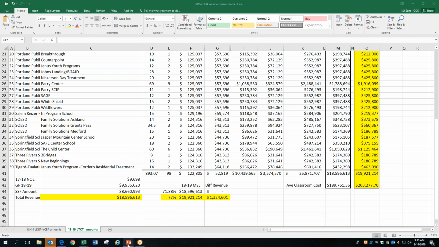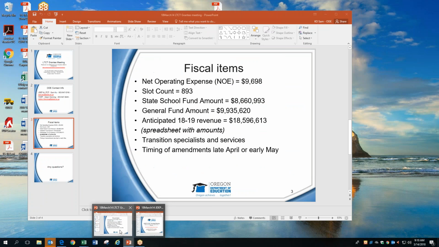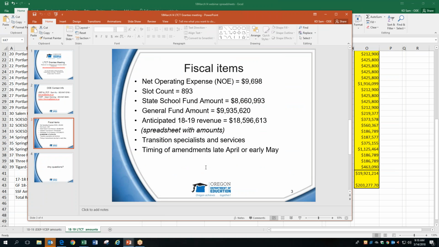Any other questions? The amendments will probably come out late April or early May, and that amount will include hopefully the second and third allocation of IDA funds for 17-18.